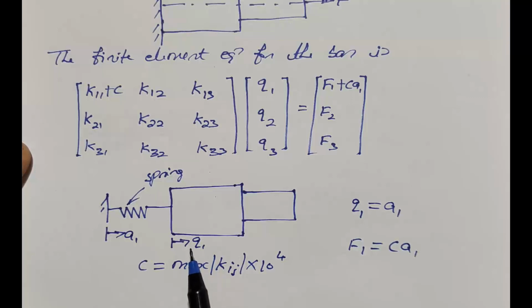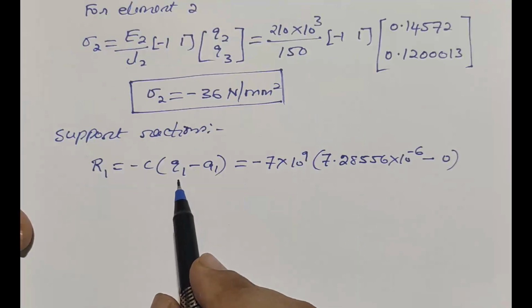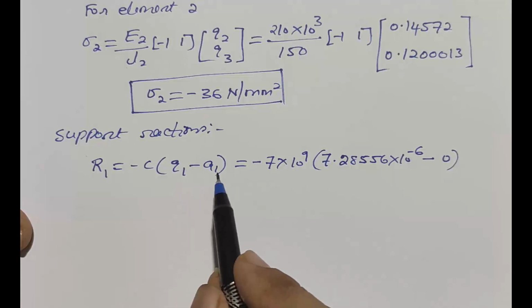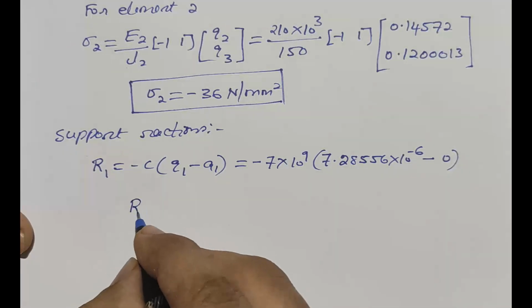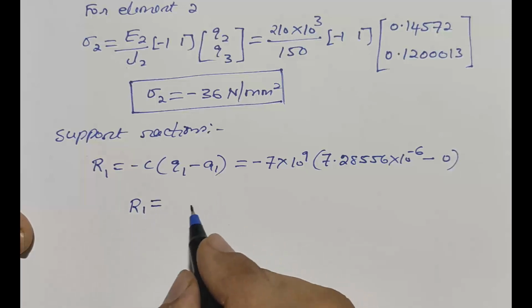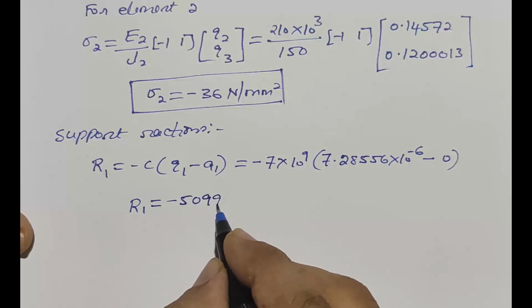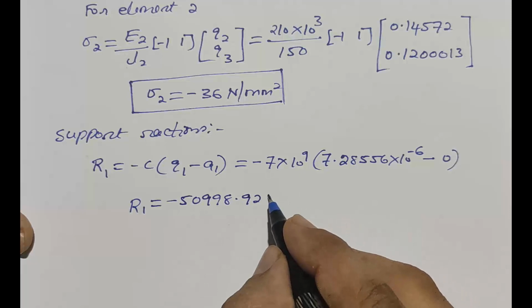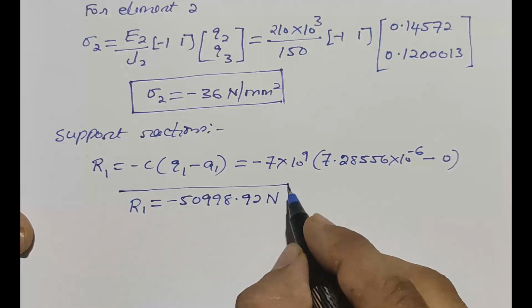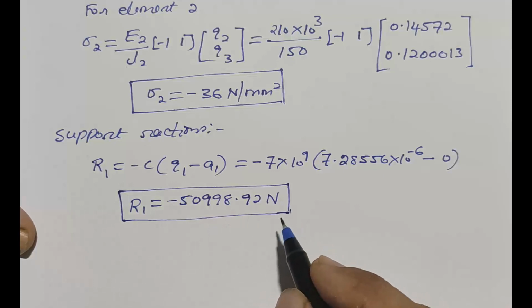So the resultant displacement of the spring will be Q1 minus A1. That's why here I have taken resultant spring displacement Q1 minus A1. Now if we simplify this, we will get R1 is equal to minus 50998.92 Newton. This is the support reaction at node number 1.